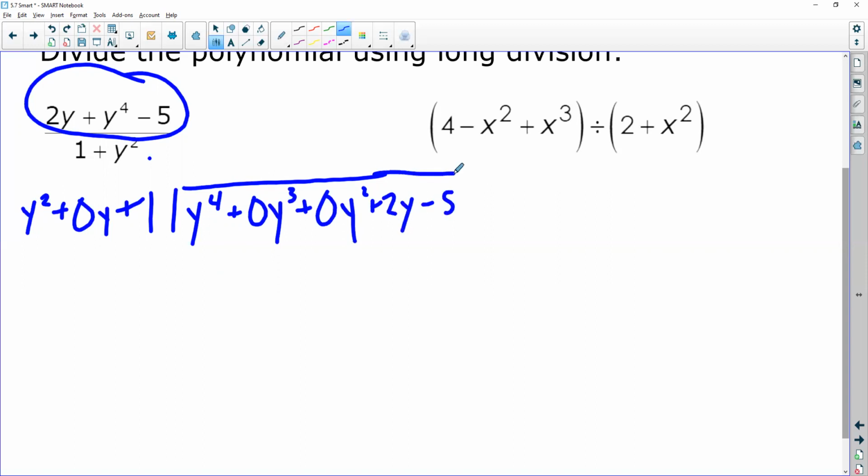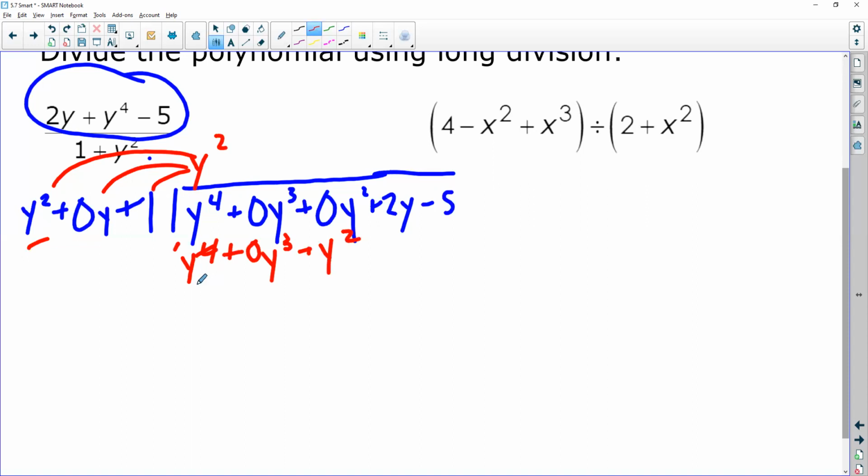Lots going on there, but this is going to be okay, so watch. So I want to turn y squared into y to the 4th. I just need y squared for that. I'm going to distribute to all 3. So y to the 4th, 0 times y squared is just 0, anything. And then y squared times 1 is just y squared. Put them in some parentheses and subtract.